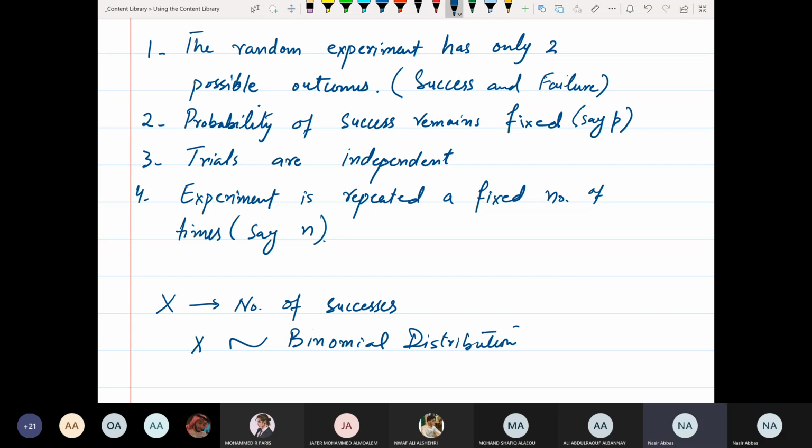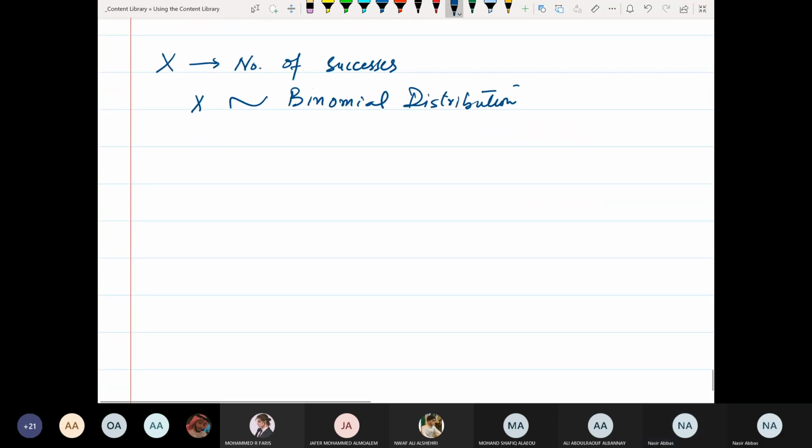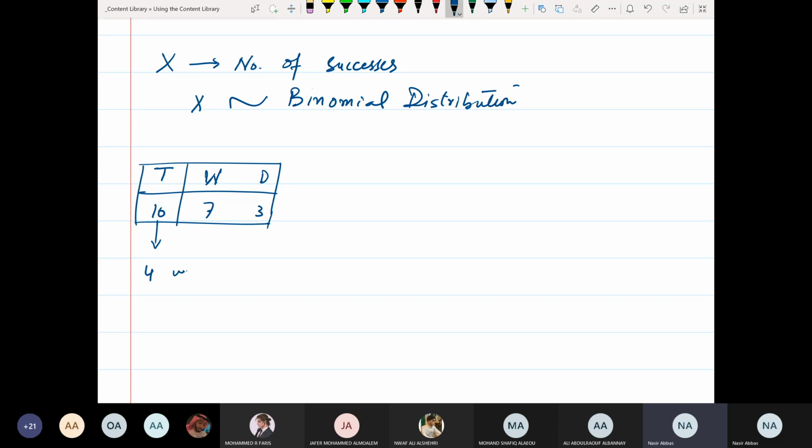Now I'll give you an example here, and I'll check all these properties one by one. The example is you have a box of 10 objects. 7 of them are working. 3 of them are defective. You pick 4 with replacement.